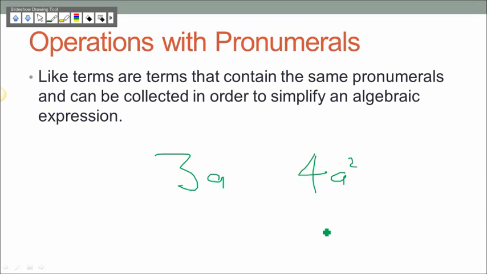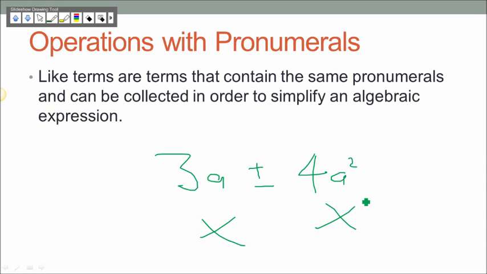Some people still think that you can add and subtract these two because they have the same letter. But we can't, because in the 3a term, the pronumeral is a. For the 4a squared term, the pronumeral is in fact a squared. They are not the same, and so we can't actually do anything with it, and it stays the same.